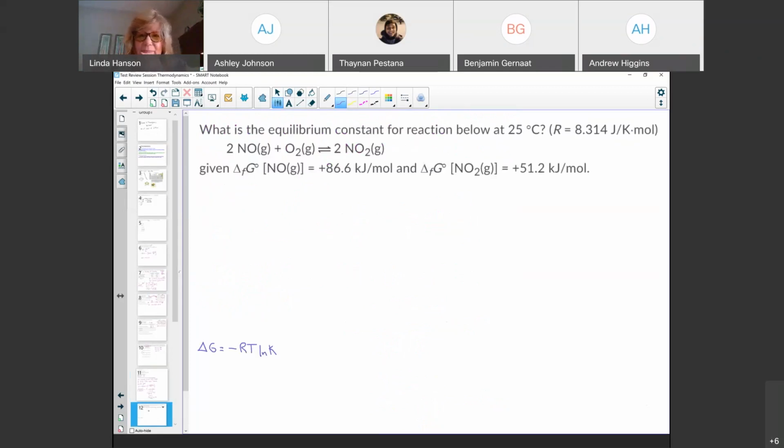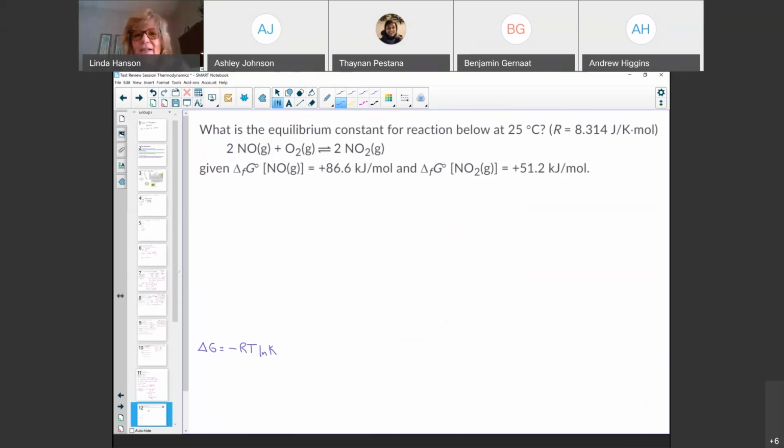Let's see what's next. Oh, I pulled out a problem where we can incorporate equilibrium, calculating the K constant into the delta G formula as well. Not that these are tricky, I'm just trying to find different varieties of questions. This one asks, what's the equilibrium constant for the reaction below at 25 Celsius?